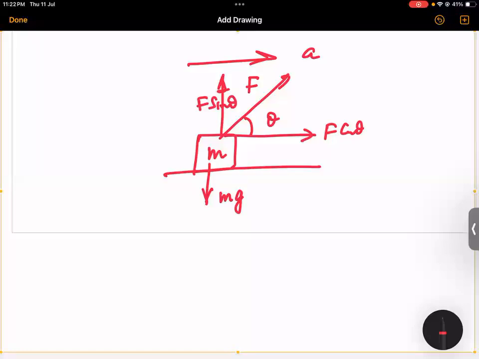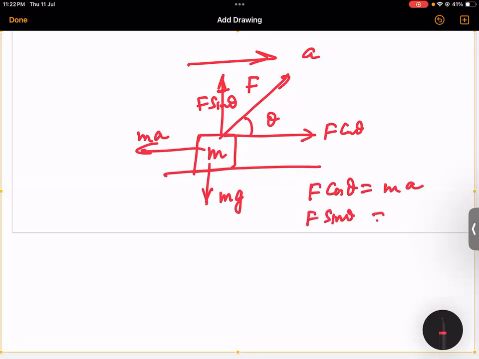Now this is your MA. So what will be the balanced forces now? F cos theta will be equal to MA, and F sin theta equal to mg.